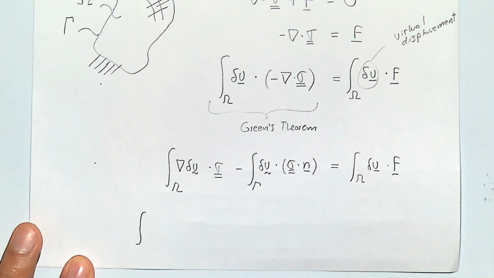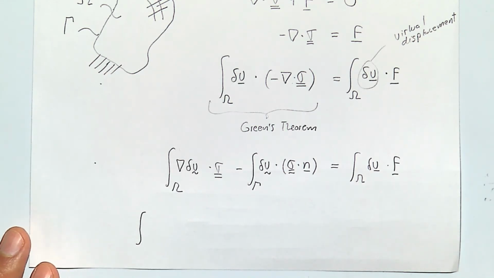That strains were the gradient of a displacement. The equation is a little bit more complex. You remember when we did a Jacobian, and we said if we take the Jacobian of the displacements, we get the strain tensor plus the rotation matrix. But if we move a few things around, then we just get the strain tensor.